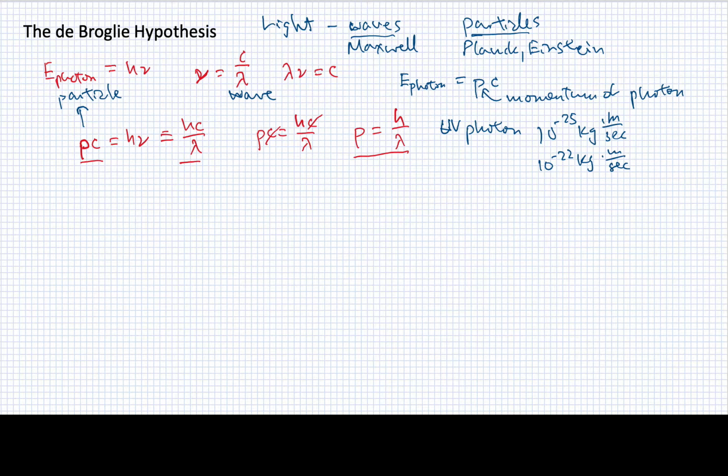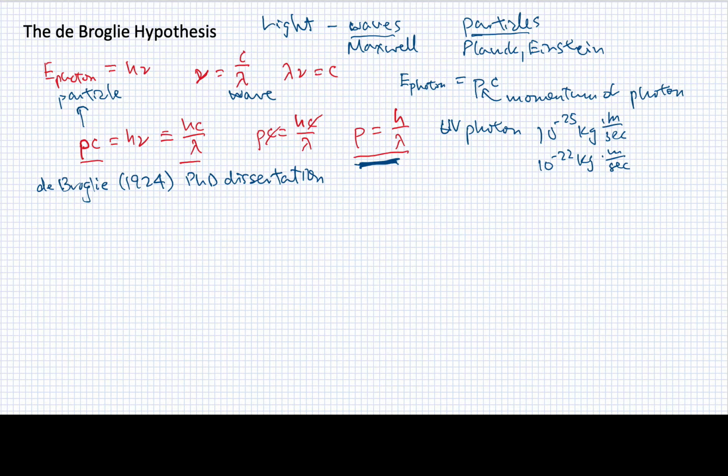Okay, so now enter a very young physicist named Louis de Broglie, a French physicist, who was doing his PhD in 1924. In fact, this is all part of his PhD dissertation work. And what he was doing was looking at this result for light and asking the question, well, we think of matter as appearing as particles, but could it also be treated with this same sort of expression?